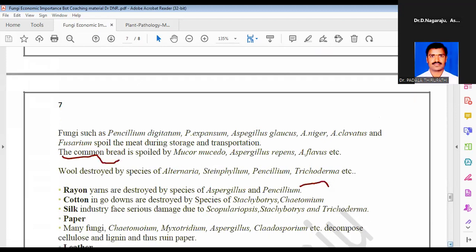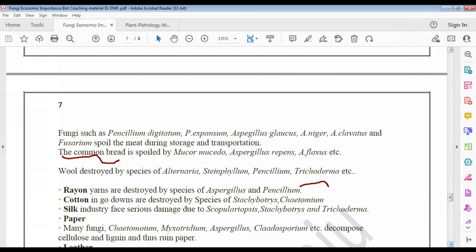And wool is also spoiled by Alternaria and Penicillium. Rayon cloth, wool cloth, leather are also spoiled by Aspergillus and Penicillium. For leather dresses, shoes and products, we use fungi in preparation, but immediately we have to kill that fungus after preparation, otherwise they spoil the products.